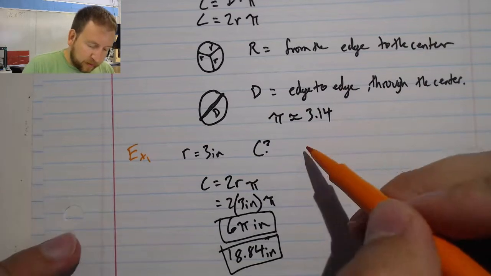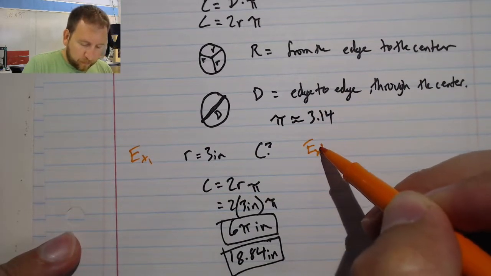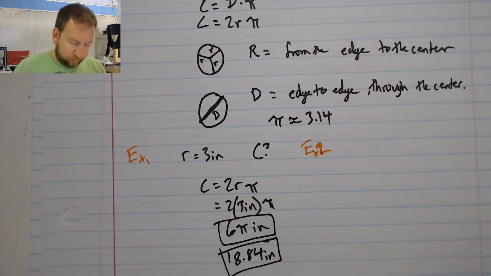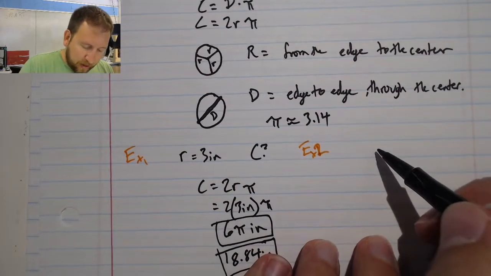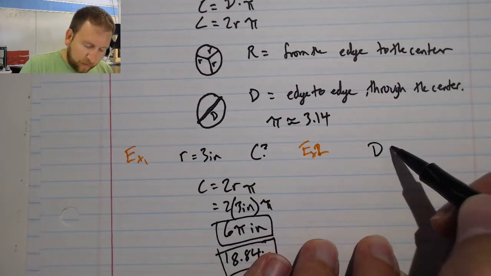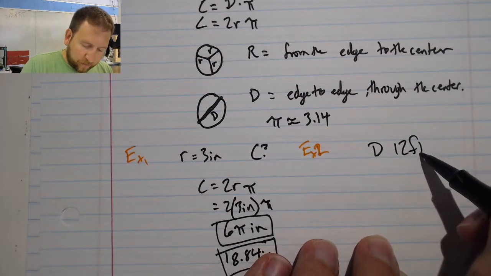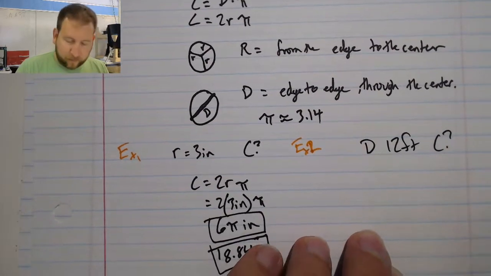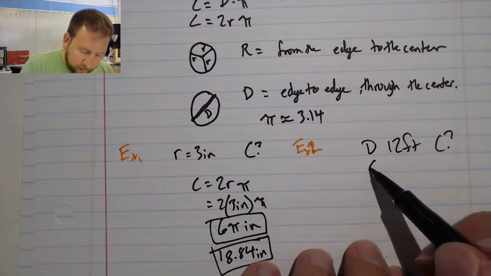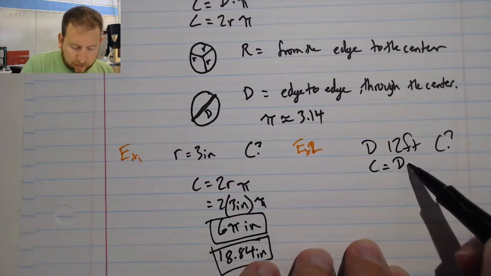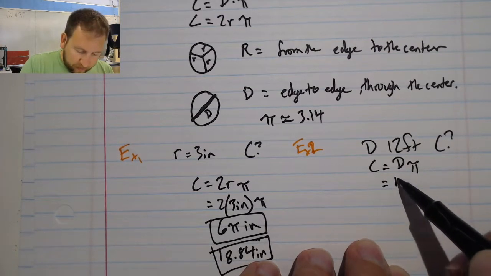Let's take a look at one more quick example. In this case, they're going to say if the diameter is 12 feet, what's the circumference? Okay, I'm going to use my formula. C equals d pi. And I'm just going to put my 12 feet right in there.